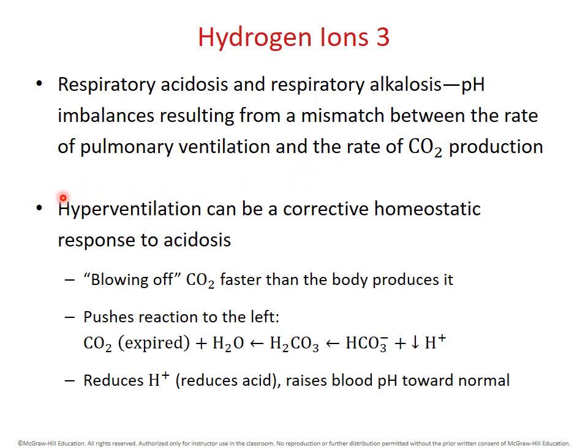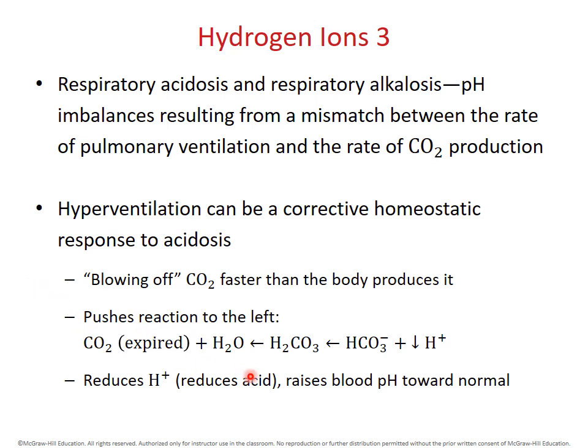That extra ventilation then helps us get rid of CO2 from the blood quicker, and that reduction in CO2 pushes the reaction back from bicarbonate to carbonic acid to CO2, which is then released.